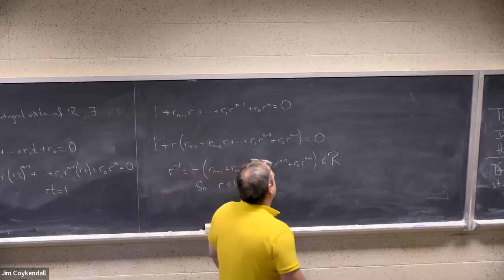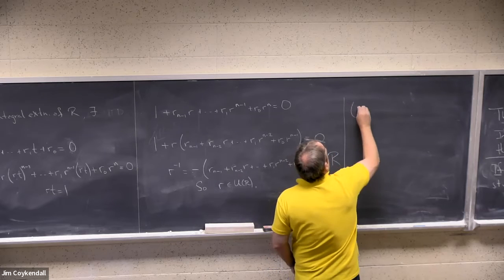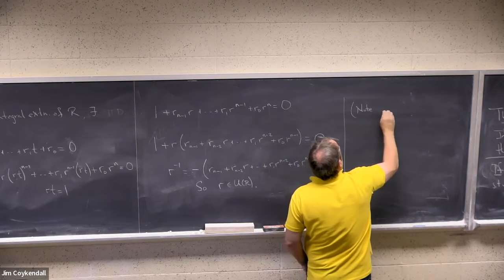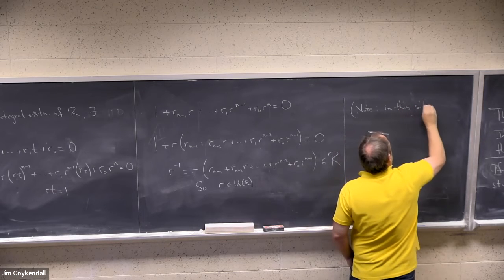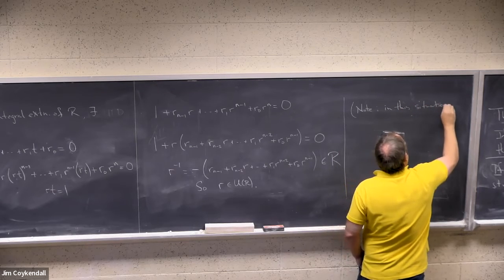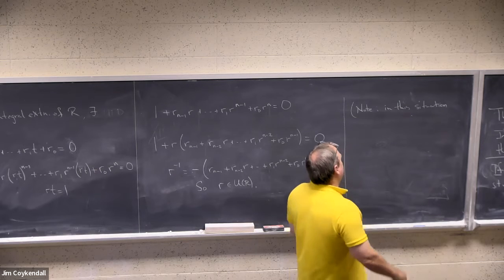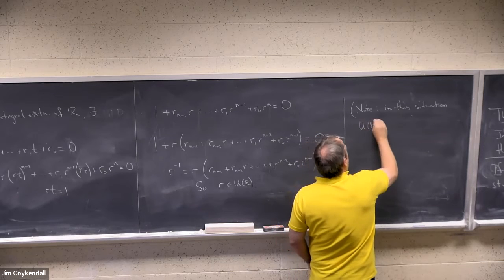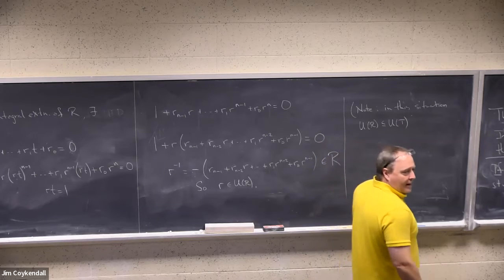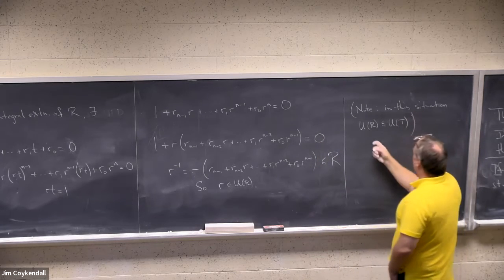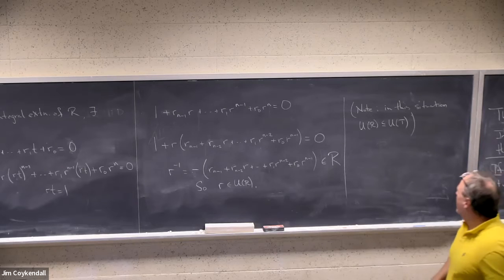Let me point out also, in the situation where T is a ring extension of R, it's always the case that the units of R are contained in the units of T. And in fact, this containment can be strict, like in the case of Z inside the Gaussian integers.